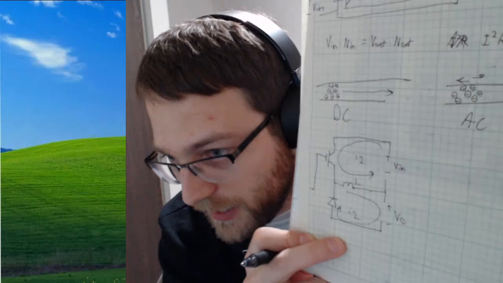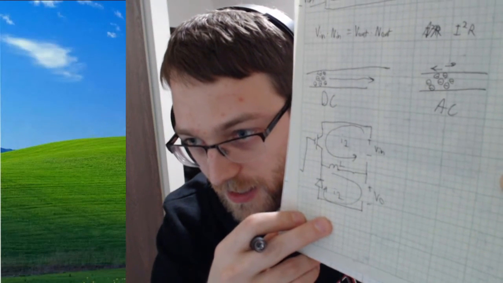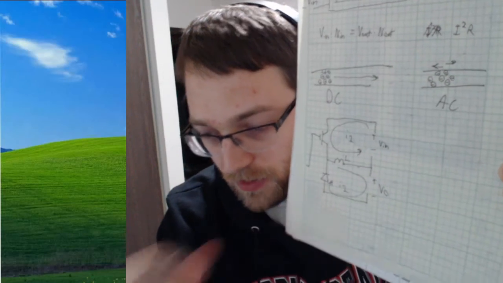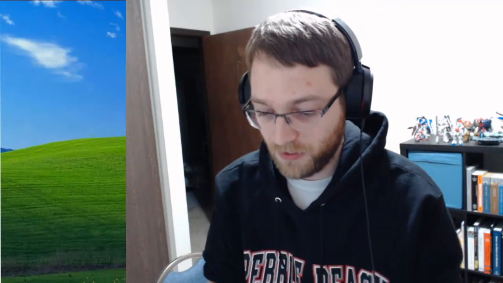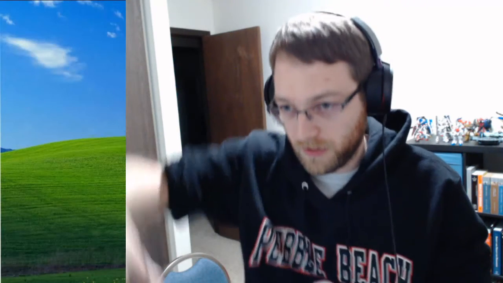So the current keeps going in the same direction that was in the inductor, so it'll keep flowing around through there. So by changing the duty cycle of the transistor, you can control whether it's going up or going down.